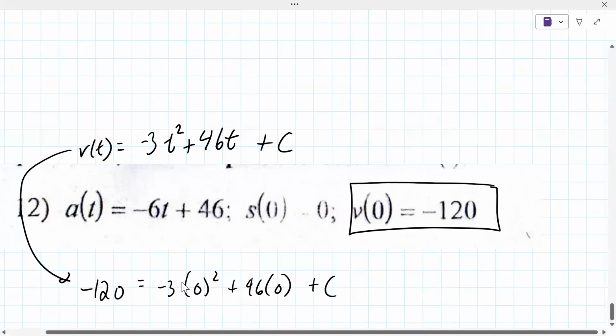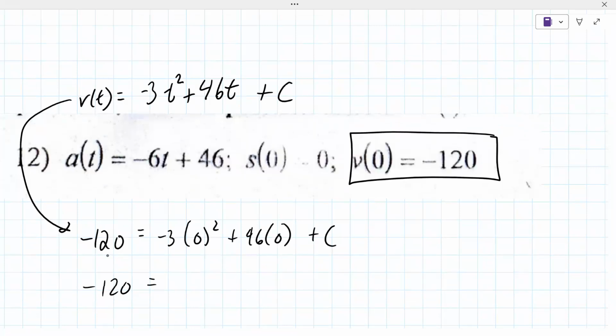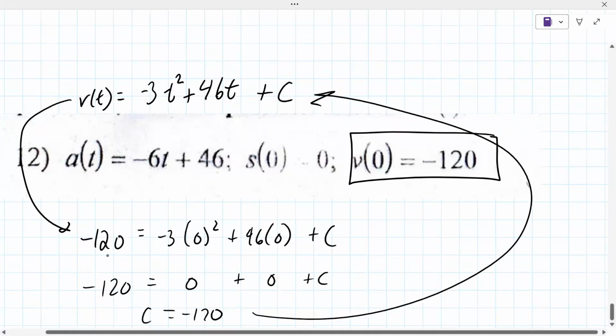This is 0. This is 0 squared times negative 3 is 0. 46 times 0 is 0. But c is equal to this. Oh, sorry. I thought you divided by it. C is negative 120, and that does need to go back into this line here.